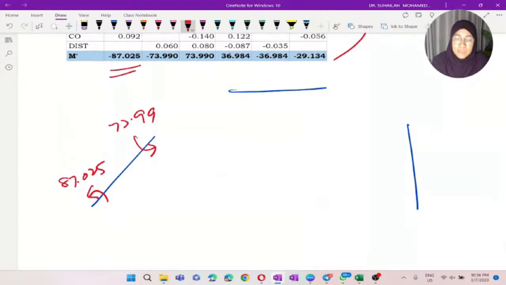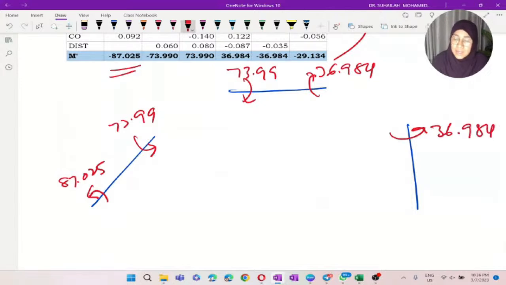Then we have positive 73.99 and also positive 36.984. Then we have negative 36.984 and negative 29.134. That is the end moment.